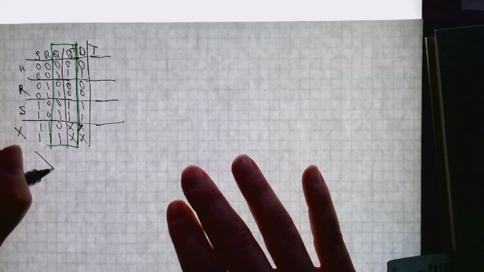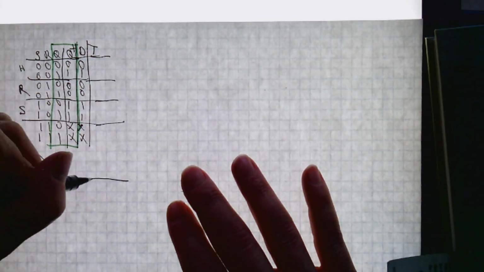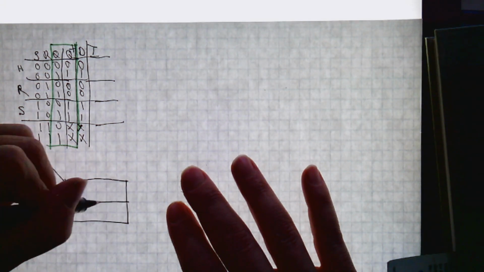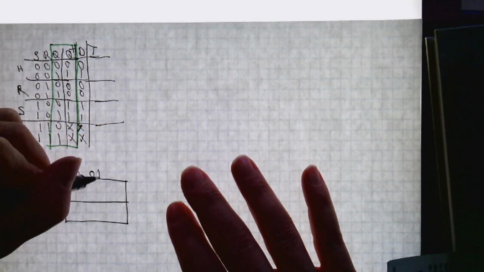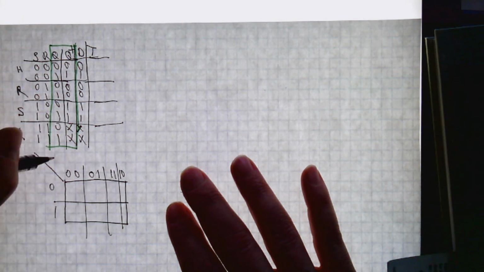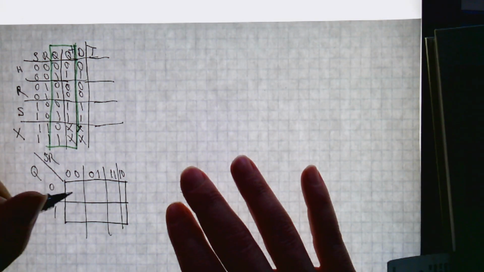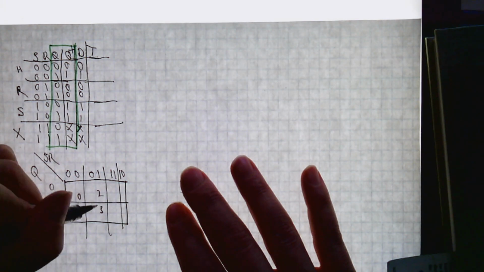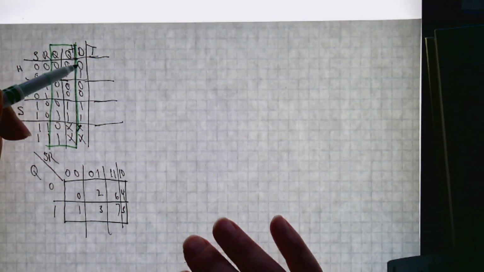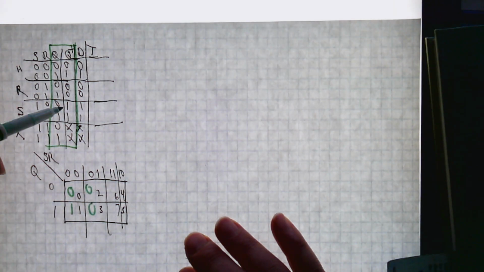Sure, let's do that. I like a K-map. Because who doesn't like a K-map? So this is going to be S, R, and Q. And then it's going to be 0, 1, 0, 0. 1, 1, don't care, don't care.